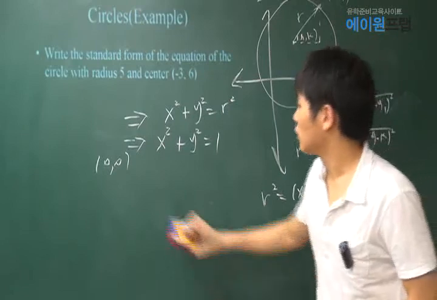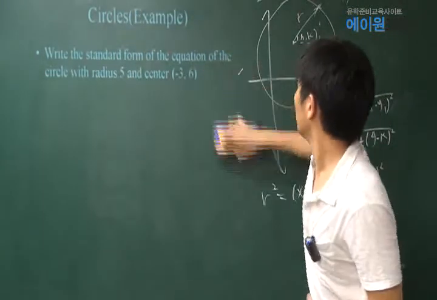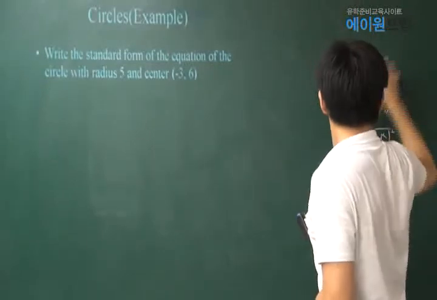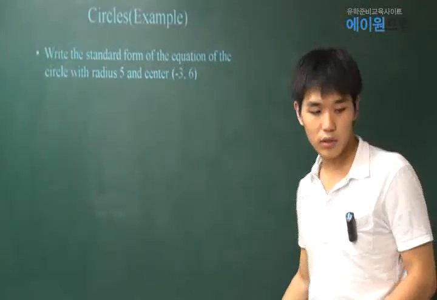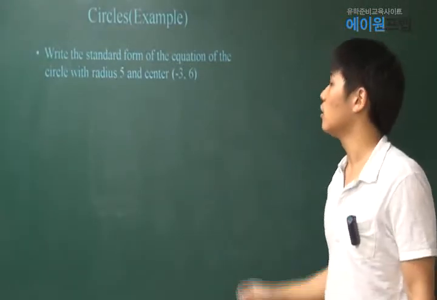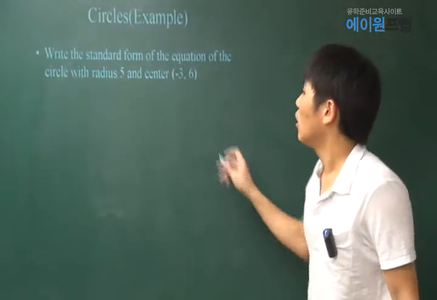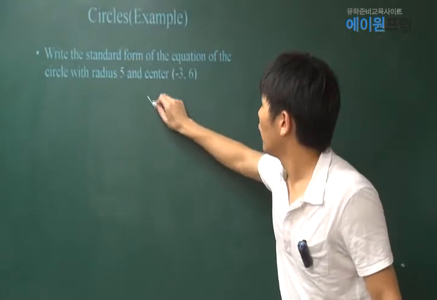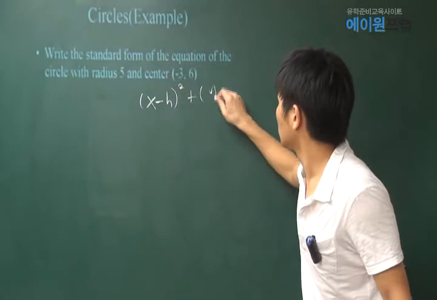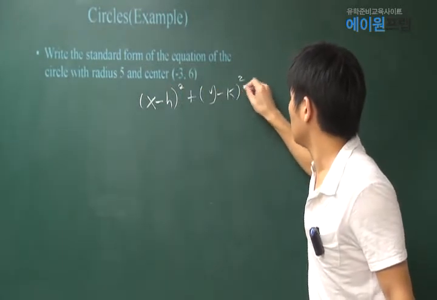So, let's go through an example. It says write the standard form of the equation of a circle with radius 5 at the center -3 and 6. So you start off with the standard equation, x minus h squared plus y minus k squared is equal to r squared.